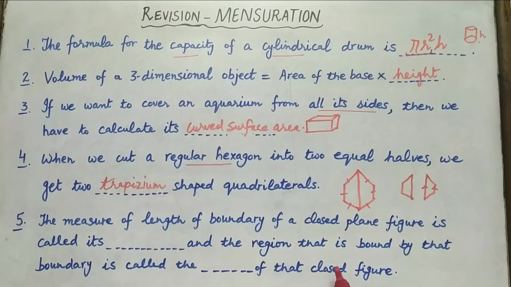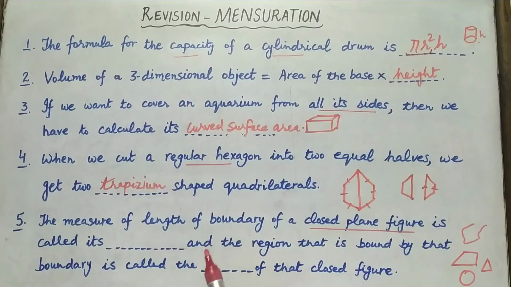Next one is the fifth: the measure of length of boundary of a closed plane figure is called its dash, and the region that is bound by that boundary is called the dash of that closed figure. The measure of length of boundary of a closed plane figure. Closed means the figure is not open. A plane figure can be a quadrilateral, a triangle, a circle, any closed figure.